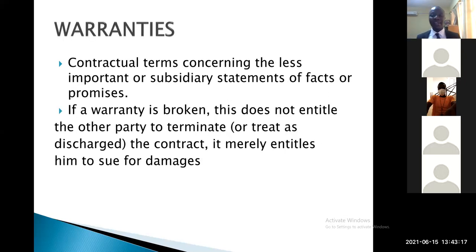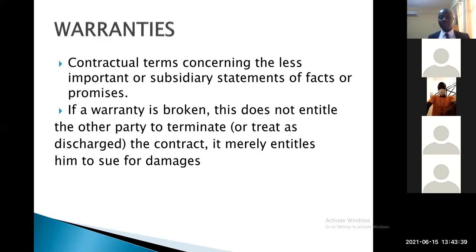So that is one thing that we should keep in mind. So let's look at the flip side, or the contrast. We also have the warranties, and warranties, on the other hand, are terms of relatively lesser importance, or if you like, they are subsidiary statements of facts or promises.